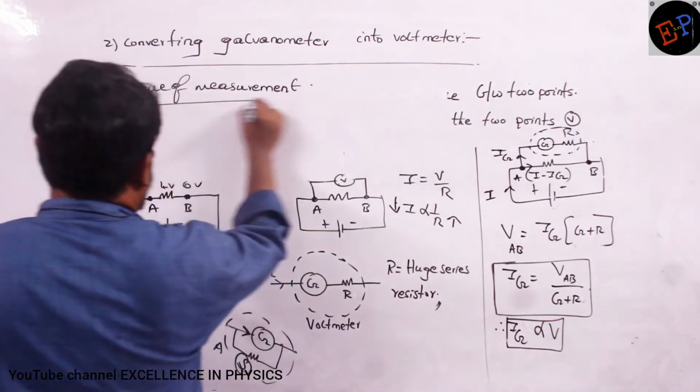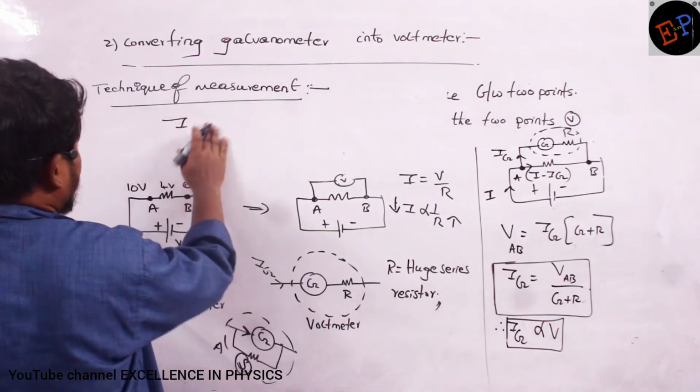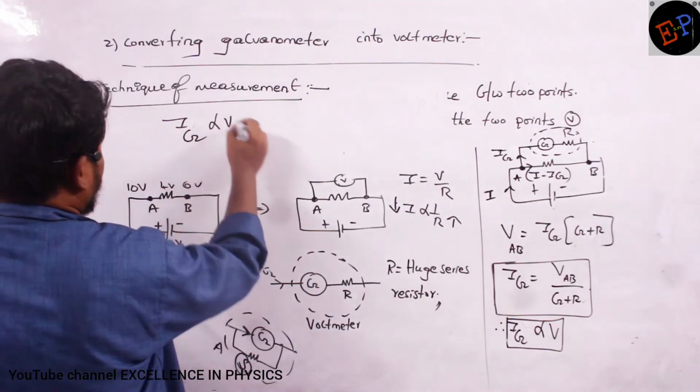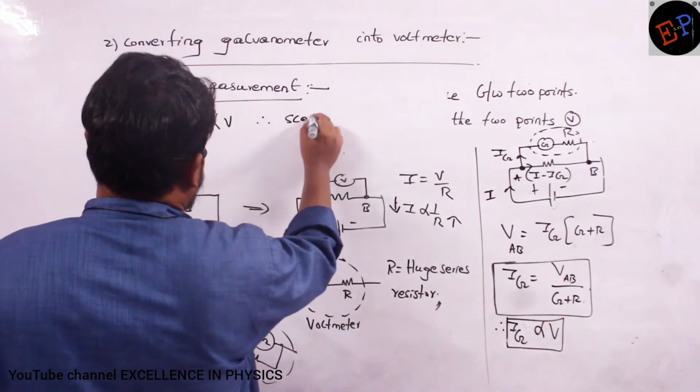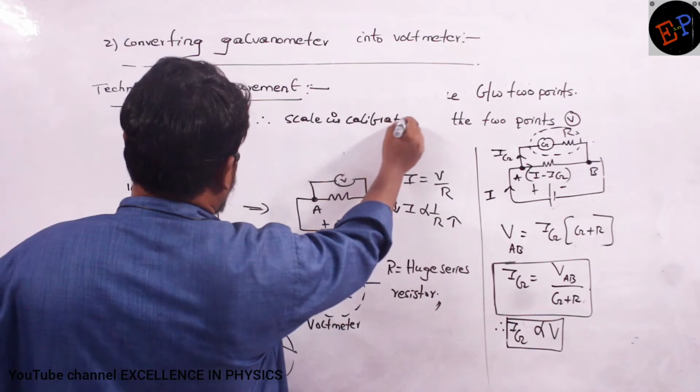So the technique of measurement is: Ig is proportional to V. Therefore, the scale is calibrated. Calibrated means divided.